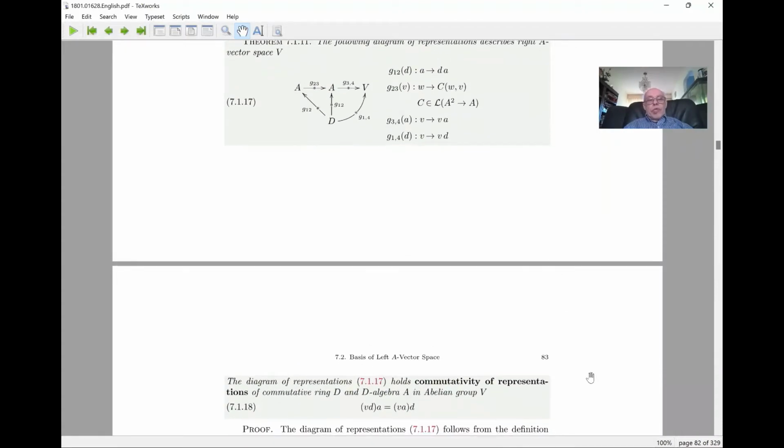The diagram of representation 1.17 holds commutativity of representations of commutative ring D and the algebra A in abelian group V. Equality 1.18.